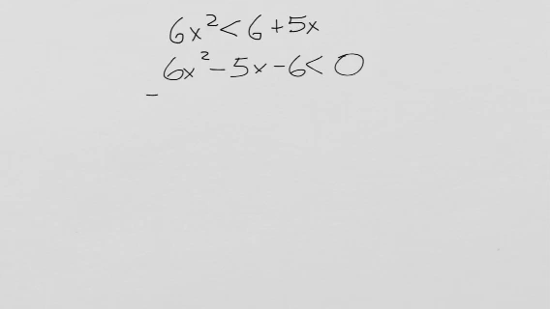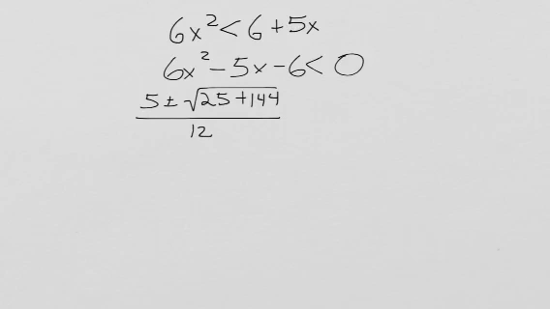So we have negative b plus or minus the square root of b squared, which is 25, minus 4 times a times c, which is 144. But since it's negative, we're going to add it over to 2a, which is 12.